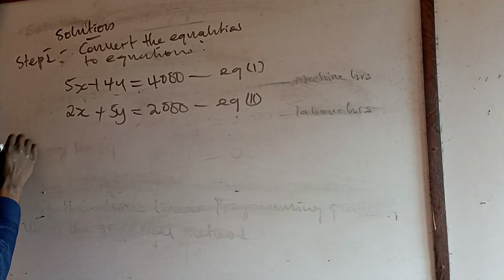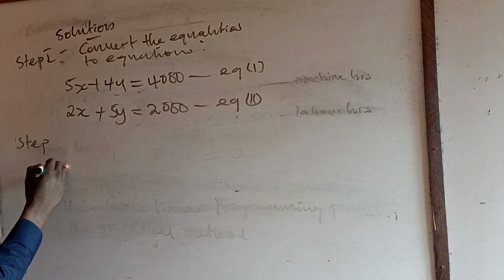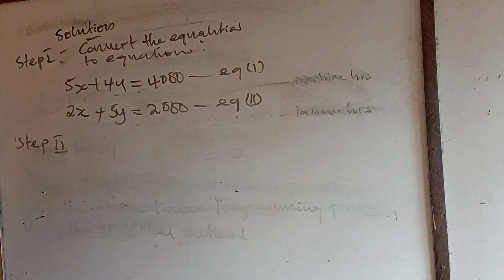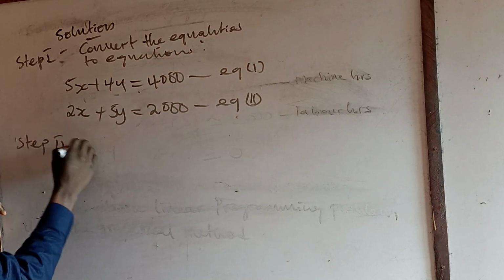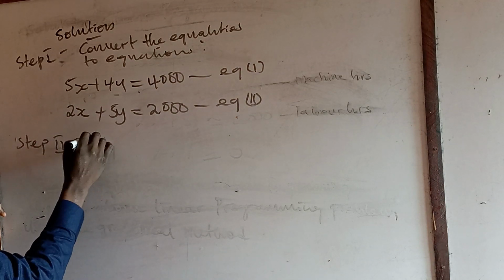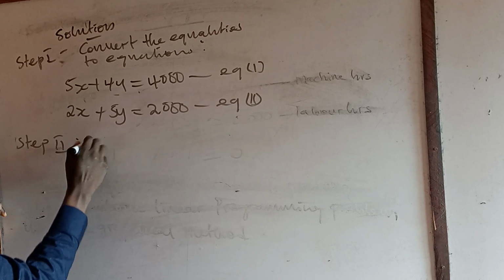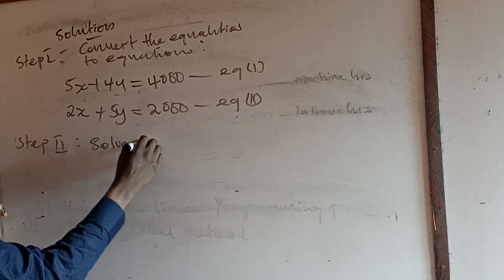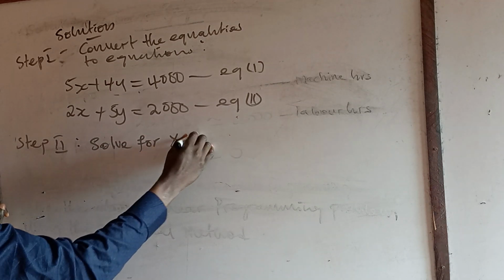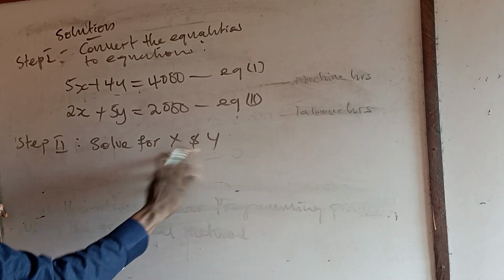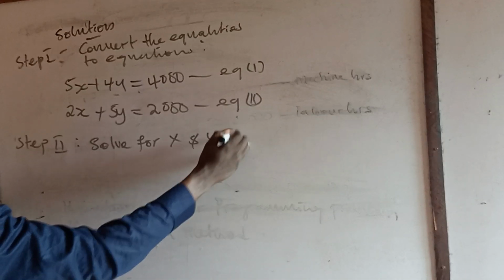So step 2. What do we do in step 2? We solve for x and y. Don't forget that these two are the decision variables.